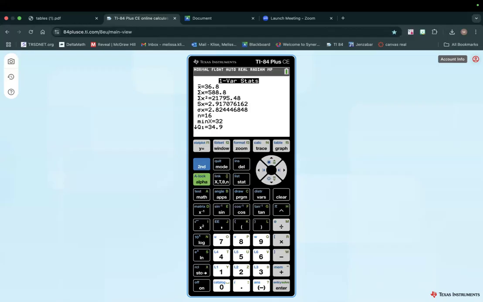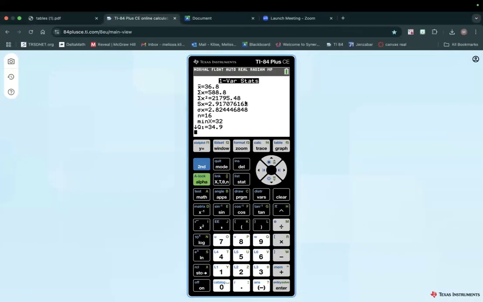I'm going to write down my x bar is 36.8. And because this is a sample, we're going to use Sx, the sample standard deviation. So it's 2.917.